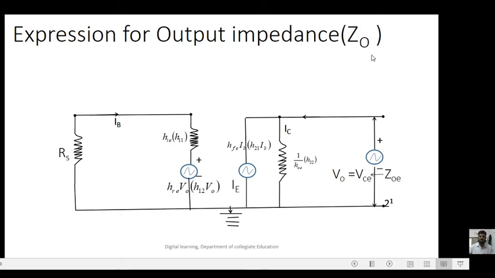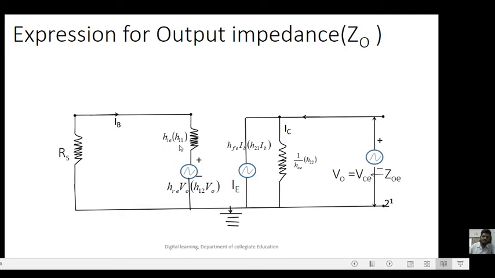Expression for output impedance Z0. We have to draw another circuit, which is a component of the equivalent circuit. IB is the input current or base current flowing through the input port of the CE amplifier.